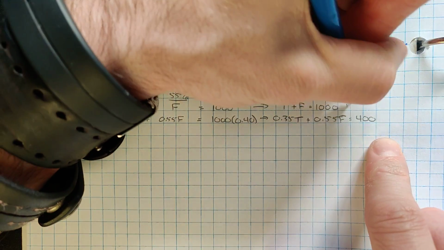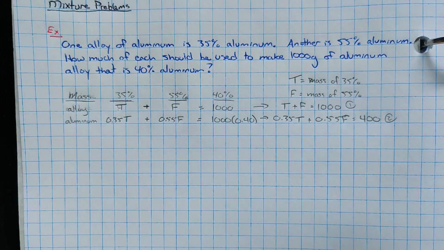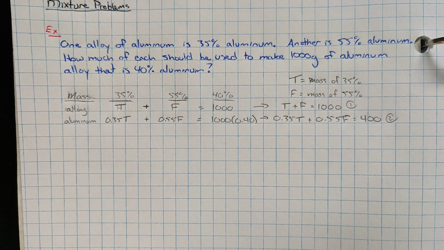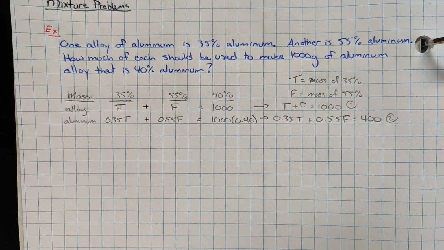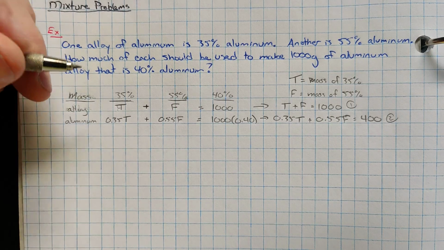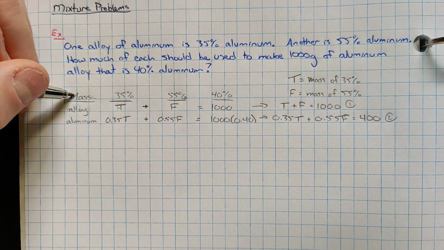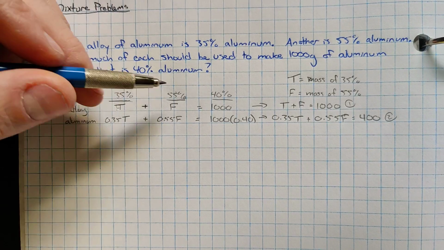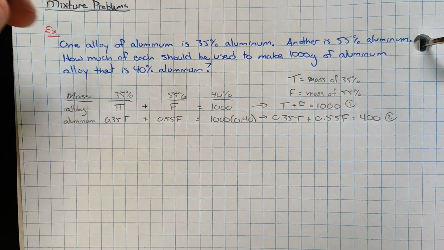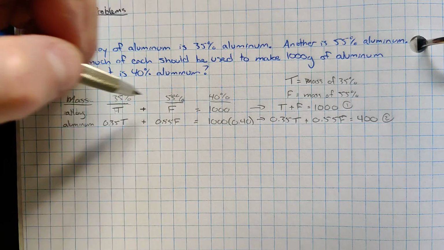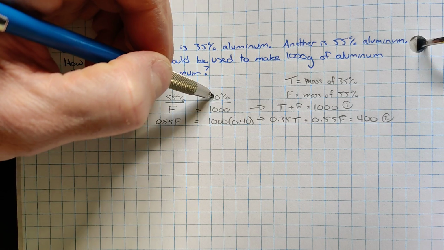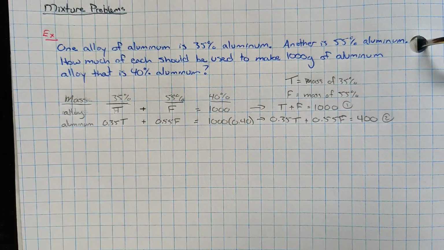So I have one equation here, and a second equation here, and then I can use substitution or elimination to solve these. In these mixture problems, mass or volume will be the value here. Each of the individual percentages go here, and then the total percentage that we want in the end goes here.